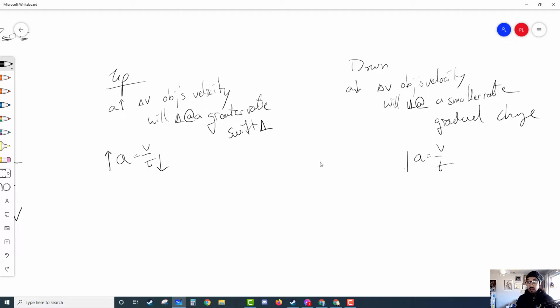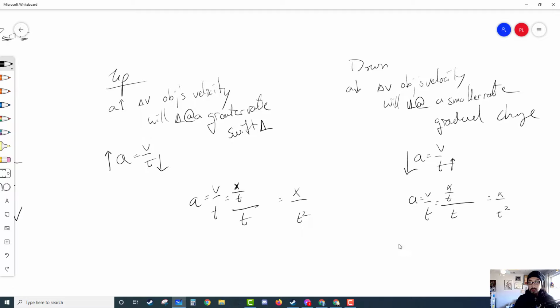Okay, and here we have a smaller acceleration, so the time that it would have taken to travel that same distance, it would have increased.